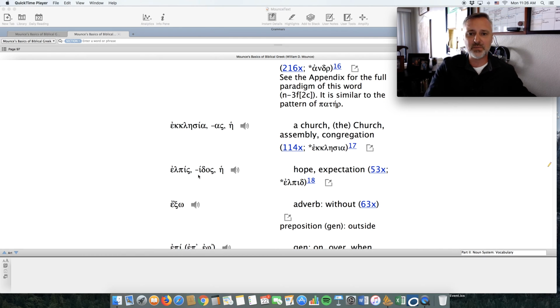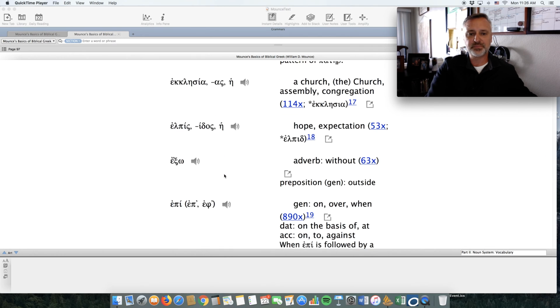You can see the stem is elpid, and so elpidos, elpidi, elpida, elpides, elpidon, elpisi, elpidas. So there you go, elpis, hope or expectation.